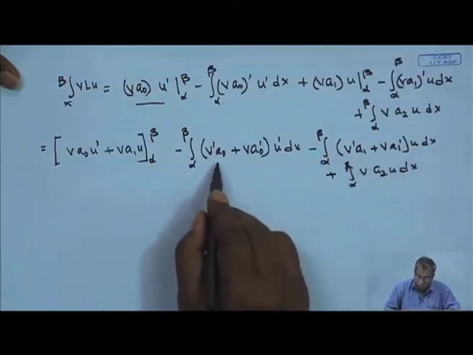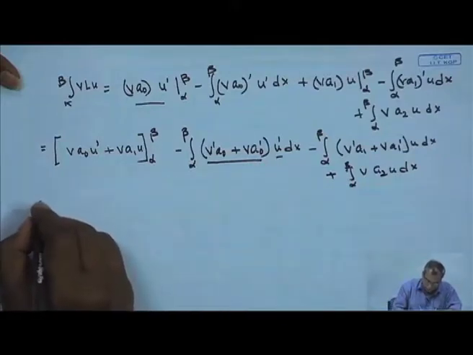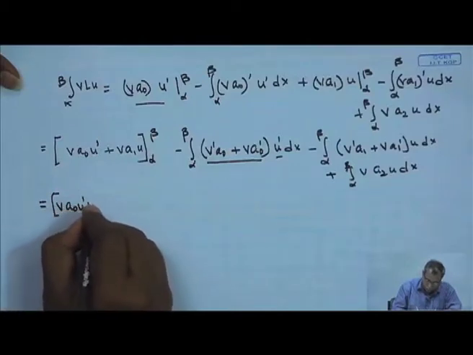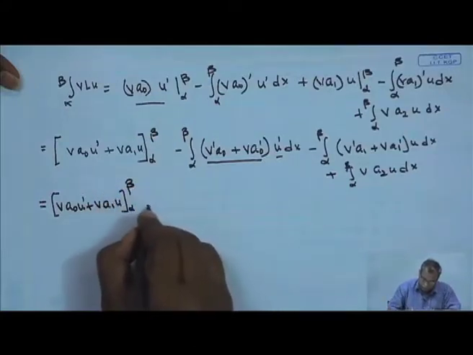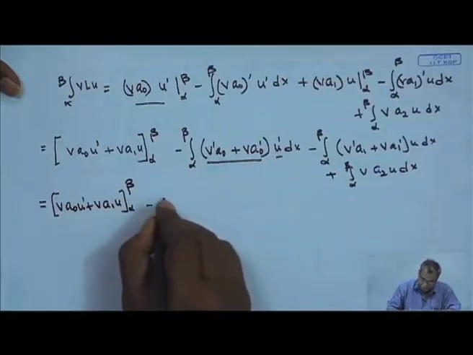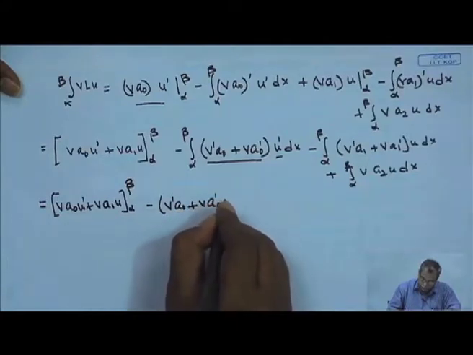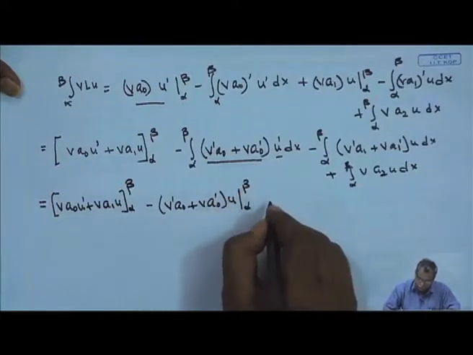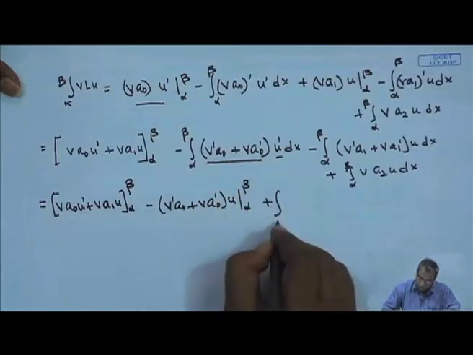Next we will do integration by parts again, considering this as the first function and these as the second function. So I write the equation as v a0 u prime plus v a1 u, lying between alpha to beta. Now, first function times integral of the second one, so it will be (v prime a0 plus v a0 prime) u from alpha to beta, minus plus the integral of the differential of the first function times the integral of the second function.